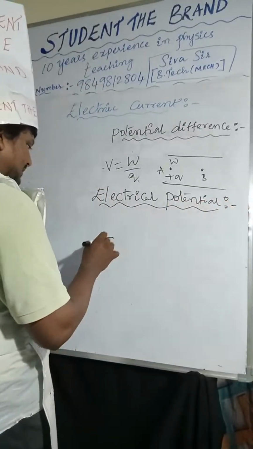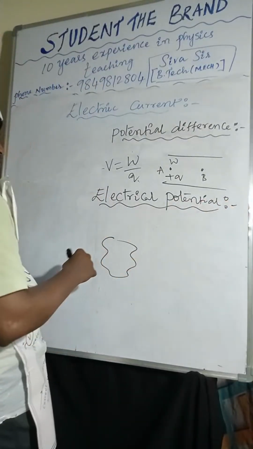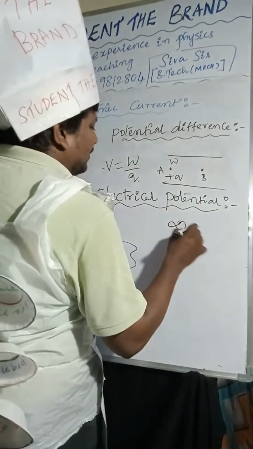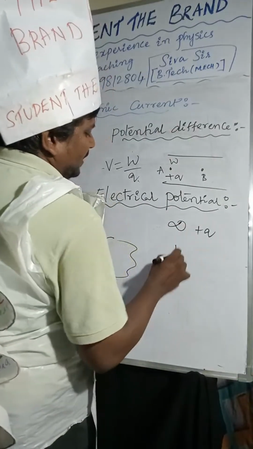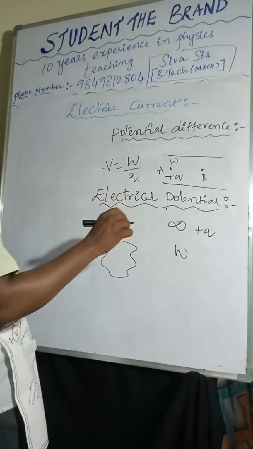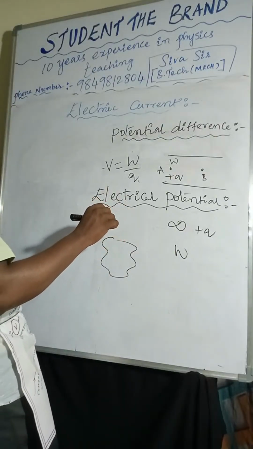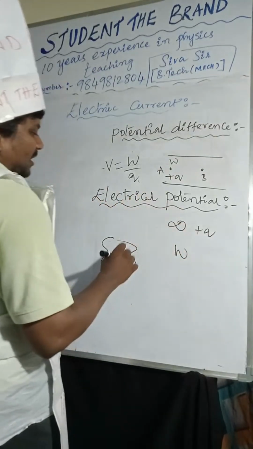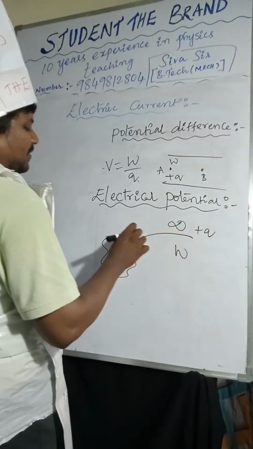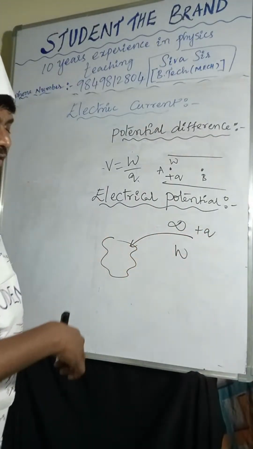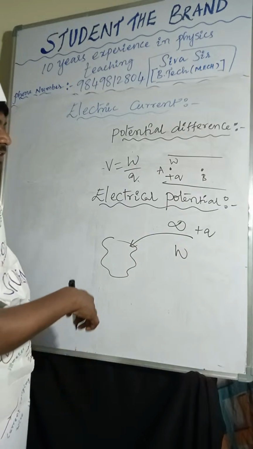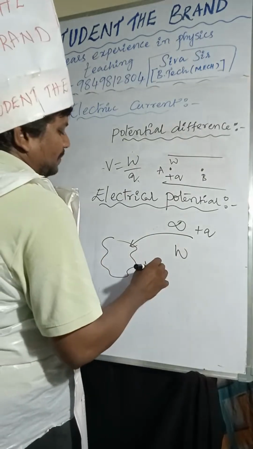So we are taking this field, and this is infinity. We take the positive charge and do some work to bring unit positive charge from infinity to the required field. That is called electrical potential.